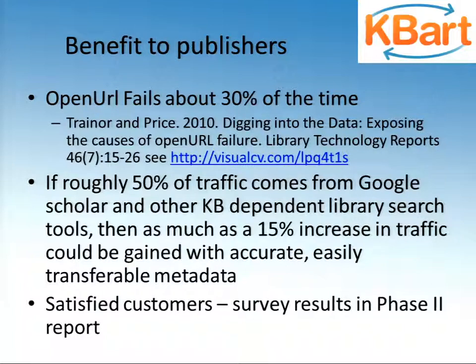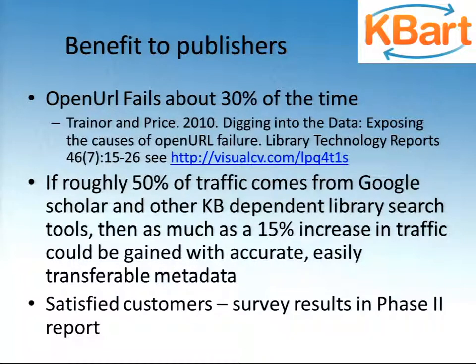So what's the benefit to publishers? What's in it for you? These are just rough estimates, but some work that I did, supported by work of others, says that OpenURL fails about 30% of the time. So a user trying to get from a reference in a database to the full text content through this linking system isn't able to get there 3 out of 10 times.